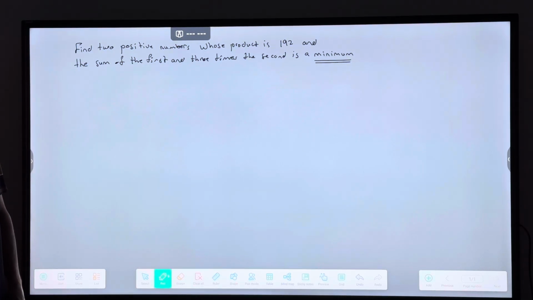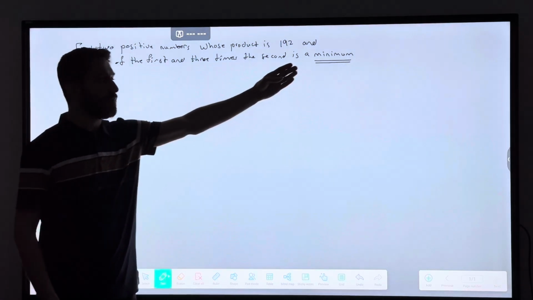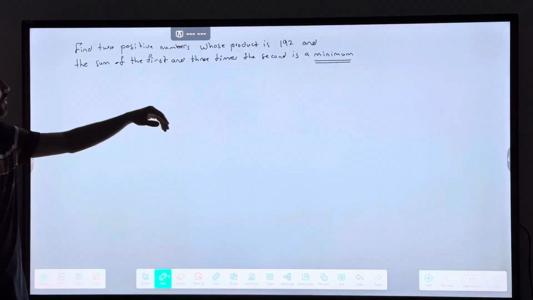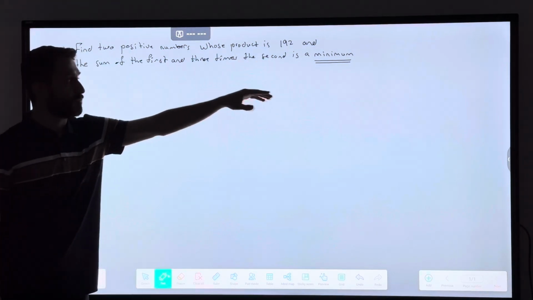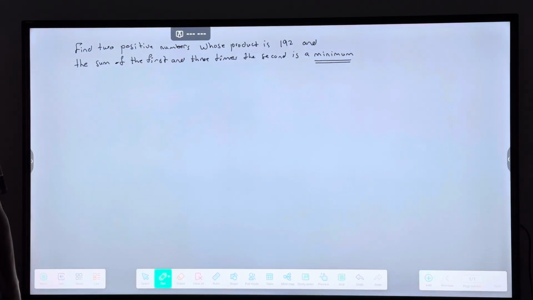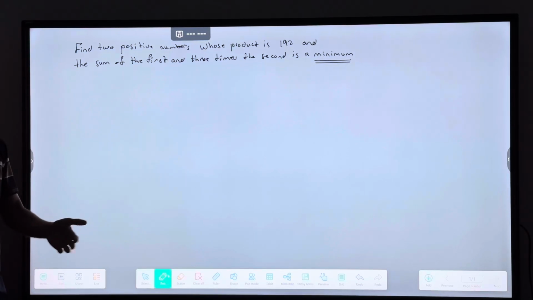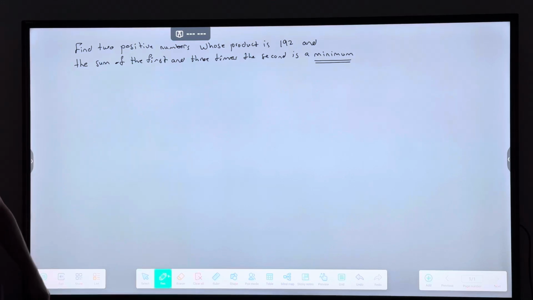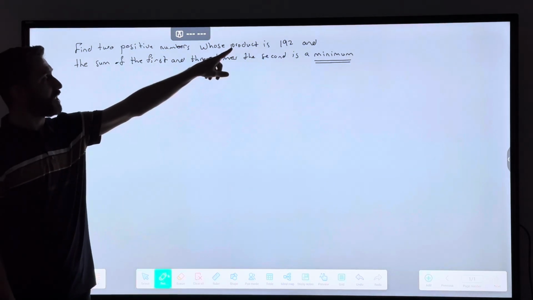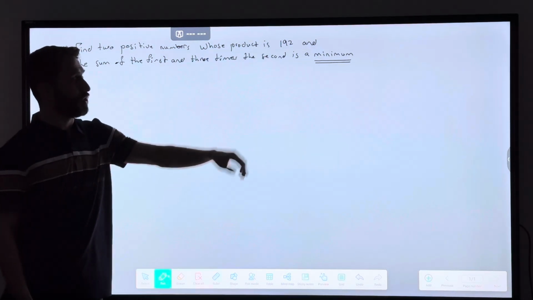The primary equation is when something is minimized or maximized. Here, the sum of the first and 3 times the second is a minimum, so this will be the primary equation. The secondary equation is the extra information given: the product of the two numbers is 192.